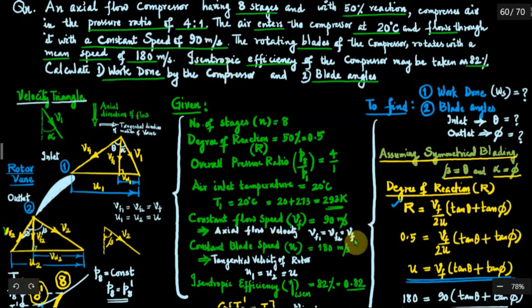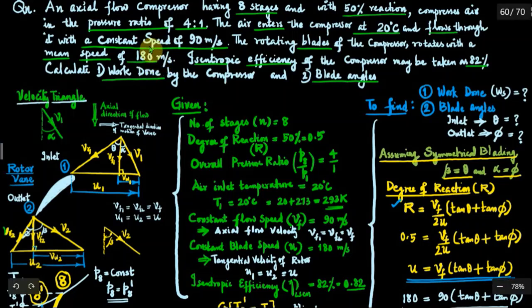Important. Then, the rotating blades of the compressor rotate with a mean speed of 180 meter per second. So, that means this is the tangential velocity or peripheral velocity of the blade, which at inlet and outlet are equal.